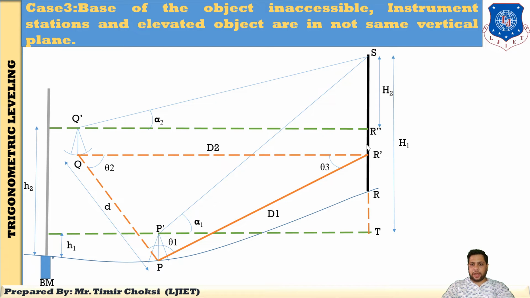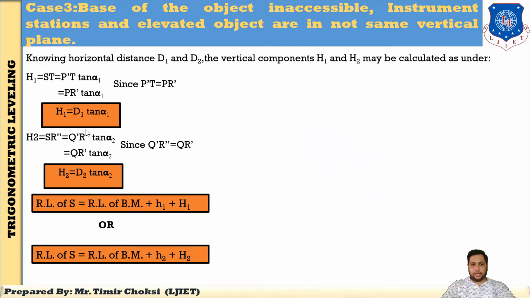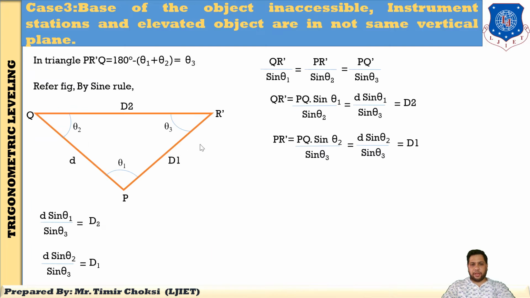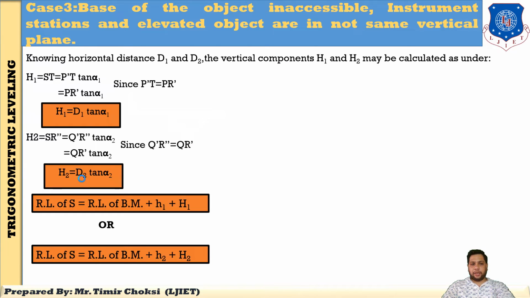Because Q dash R double dash is similar to Q R dash. So write that S2 equal to S R dash equal to Q dash R double dash tan alpha 2, where Q dash R double dash equal to Q R dash. What is the value of Q R dash? Q R dash equal to D2. So directly you have written S2 equal to D2 tan alpha 2.